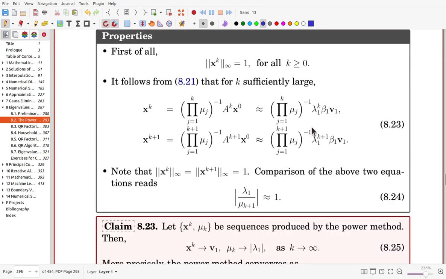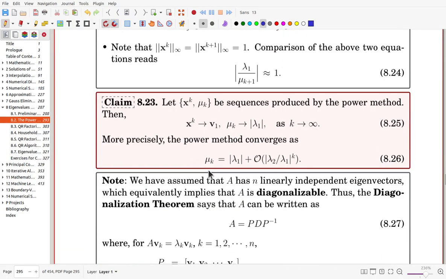So we can say in the theory, mu k is converging to the absolute value of lambda 1 with error dominated by lambda 2 over lambda 1. So after k iterations, the k-th power will appear. Okay? So the error is reduced by this factor each time.